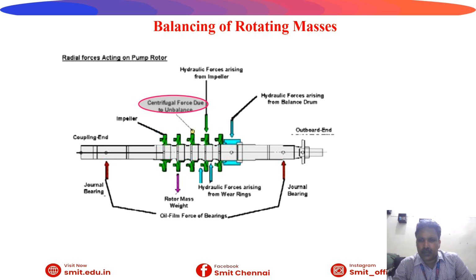The entire rotor will get spoiled. It will damage the rotor. Hydraulic forces acting from the impeller, that force is also acting. Then hydraulic forces arising from the balance drum. So if it is not balanced properly, centrifugal force will arise due to the unbalanced condition. So for this, balancing is needed.